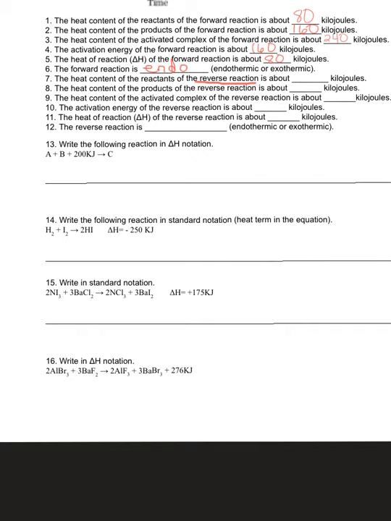The challenge is, is it positive or negative? Remember, these reactions are not mathematical sentences. In A plus B, that plus sign doesn't mean addition. It just means it combined with it, it reacted with it. So you see plus 200 kilojoules, that doesn't mean the 200 kilojoules itself is positive.